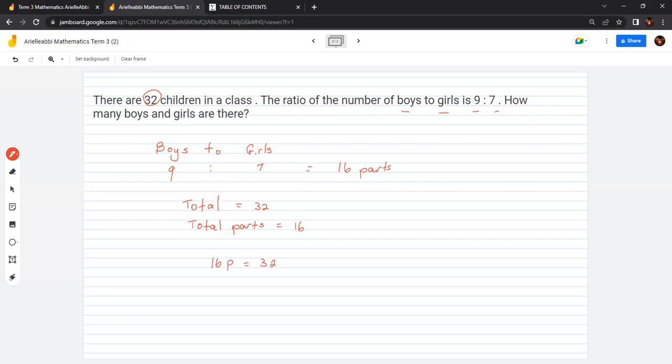So we find for 1 part by dividing both sides by 16, because 16 divided by 16 is 1. Anything divided by itself is 1. So whatever I do to the left side, I must do to the right side. So I'll also divide the 32 by 16.